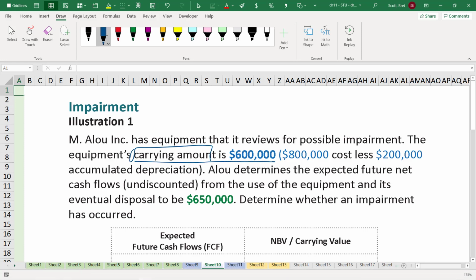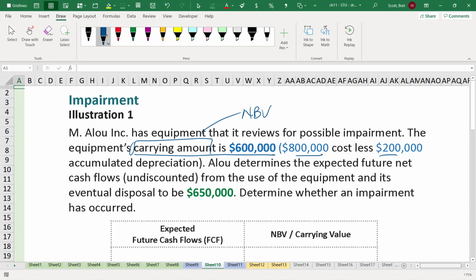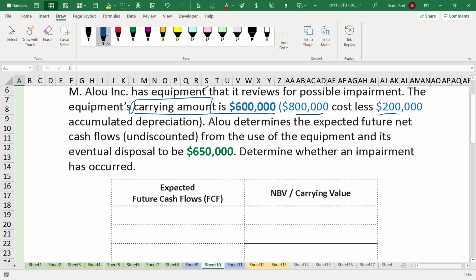Just think about this as net book value of $600,000: $800,000 cost minus $200,000 accumulated depreciation. The company determines expected future net cash flows, undiscounted, from the use of the equipment is approximately $650,000. Okay, so you can probably determine just from looking at here's our carrying value, $600,000, and here's the future cash flows.